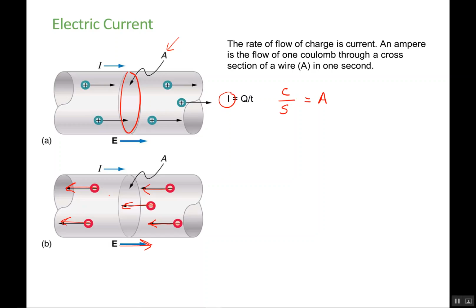Even though it's the electrons moving and not the protons in solid state matter, if an electron moves to the left, it leaves behind a little bit of extra positive charge that's unshielded by an electron. So as the electrons move to the left, it's like positive charge is moving to the right. Conventional current is the flow of positive charge through a wire.